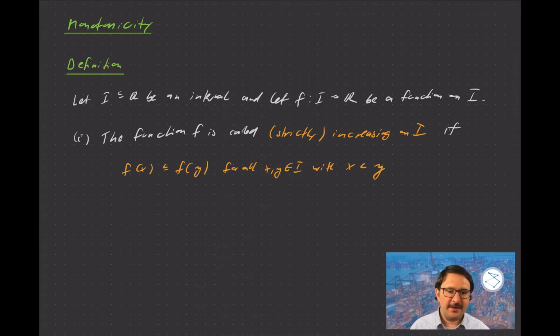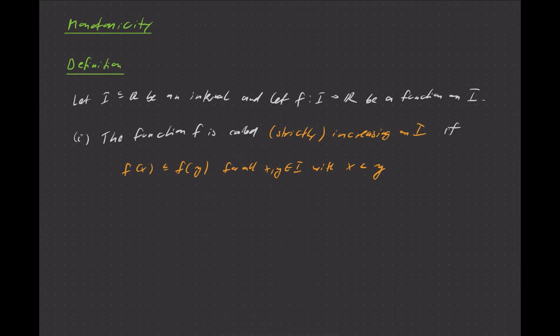So if we select the point x and another point y that is to the right of that, so higher on the real line than x, then the function value behaves in the same way. F of x is less or equal to f of y, so the function increases along the way. So that is increasing.